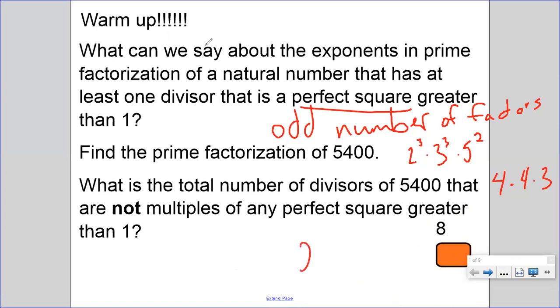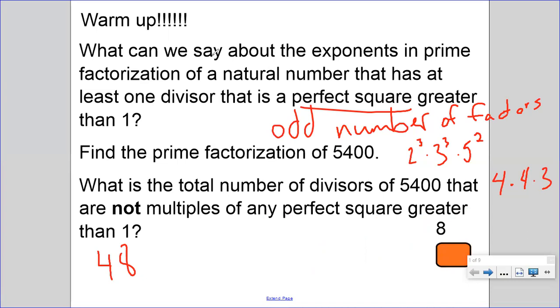So a perfect square means that it would have 2 to the second, or 3 to the second, or 5 to the second, or a combination of multiple of those, right? And that's why as soon as I said, oh, we have 48 divisors, maybe let's take away the complement, it's like, well, we'd have to figure out how many would have 2, how many would have 3, how many would have 5, and then combinations of that. It became more work finding the complement.